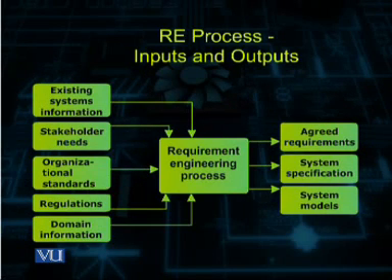The first input is the existing systems information. Second is the stakeholder needs. Third is the organizational standards. Fourth are the regulations. Fifth is the domain information. And the outputs are agreed requirements, system specification, and system models.